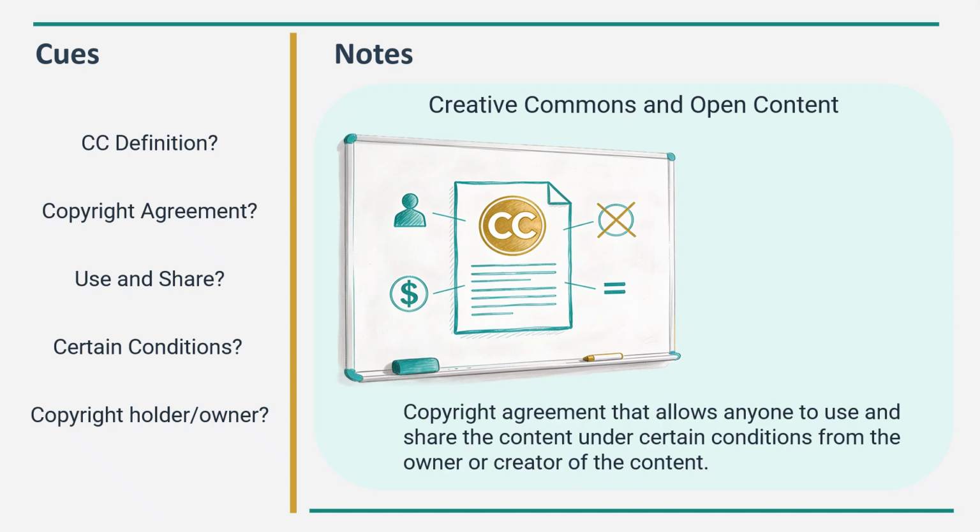The creator keeps the copyright but allows other people to use or share their work under certain conditions, such as giving credit, not using it commercially, or not changing it. When you download a video or image that is licensed under Creative Commons, you must follow those conditions. CAT exams sometimes ask you to explain what a Creative Commons license is or to distinguish it from a software license.